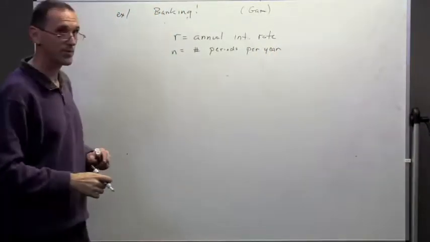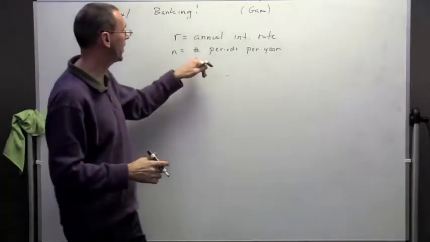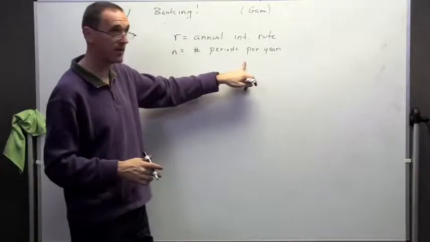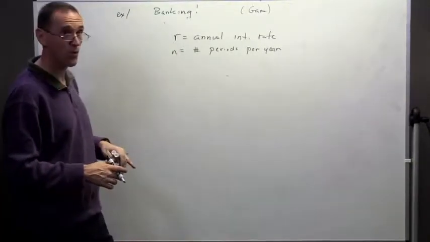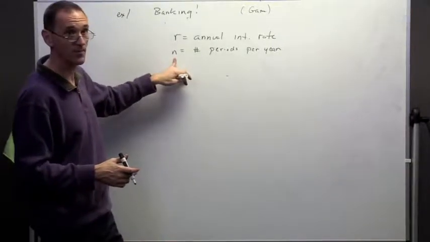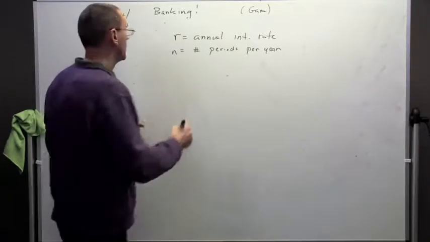That interest rate is compounded so many periods per year. So if this is 12 periods per year, n would be 12. So this is monthly if n equals 12. If it's quarterly, that means it's every 3 months. This would be 4. Right? So quarterly means this gets compounded 4 times per year.